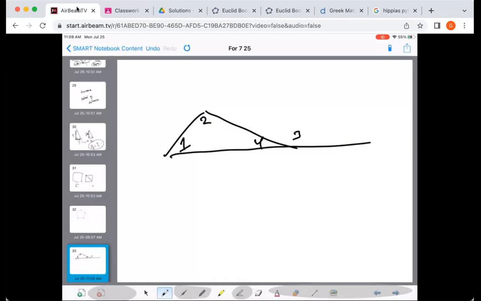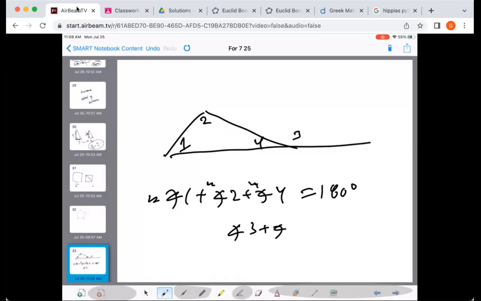So you would say angle 1 plus angle 2 plus angle 4 is 180 degrees. And angle 3 plus angle 4 is also 180 degrees.